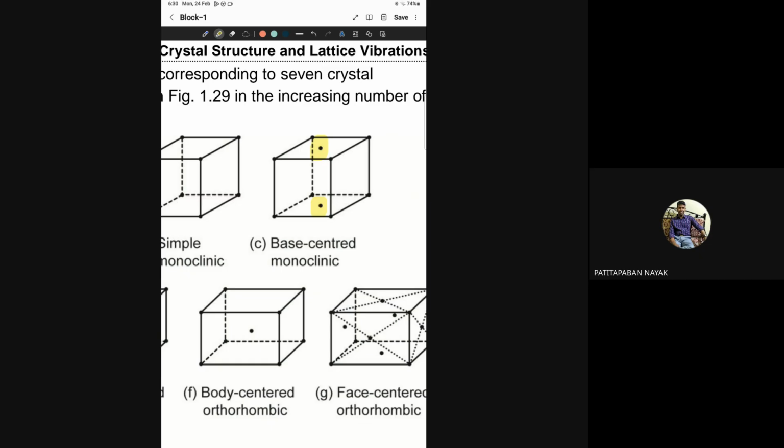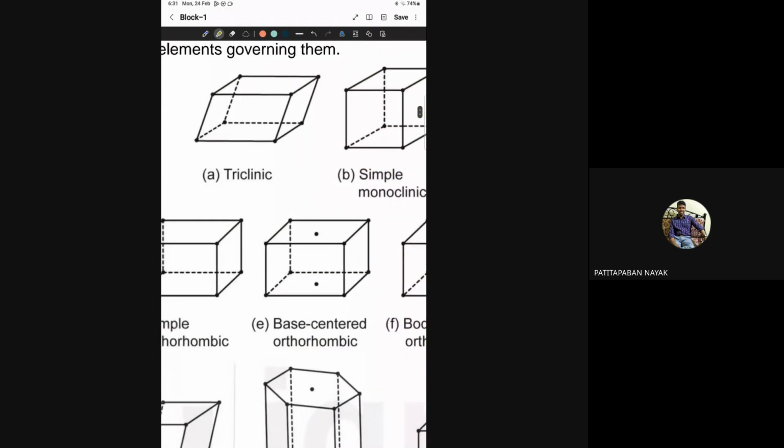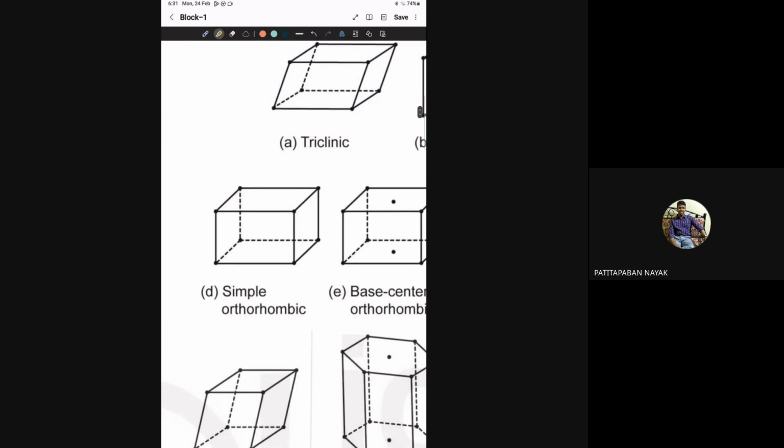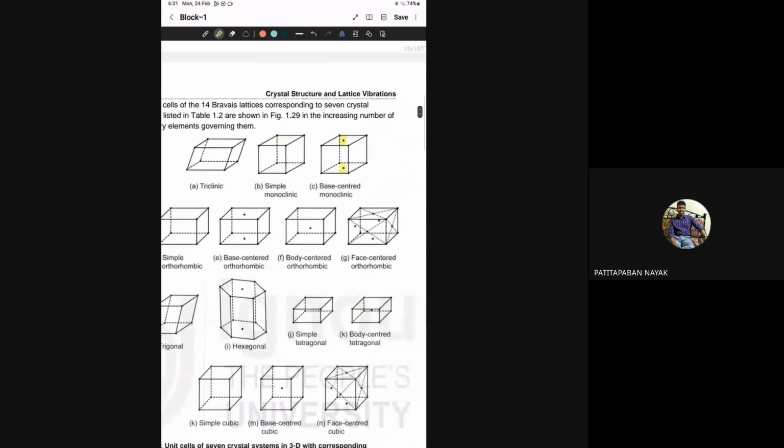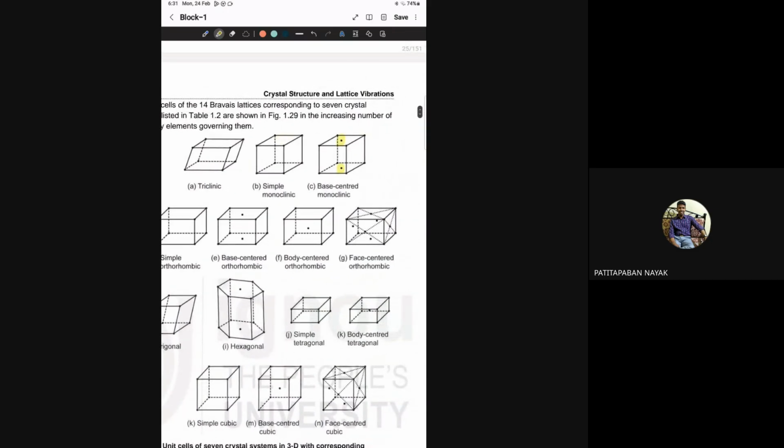Then simple orthorhombic, base centered orthorhombic, body centered orthorhombic, and face centered.